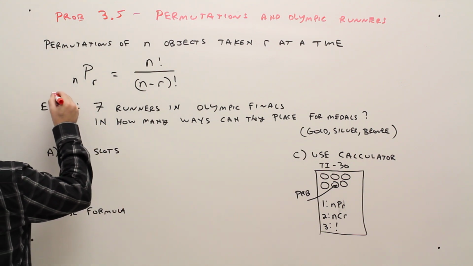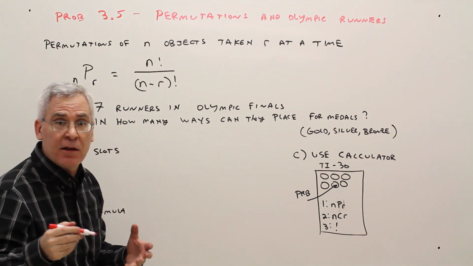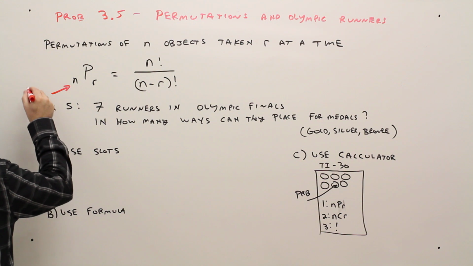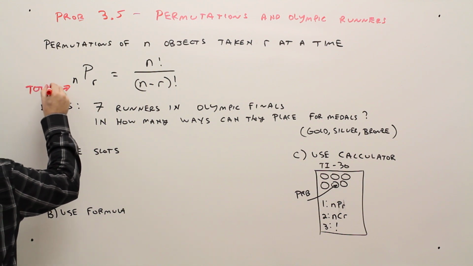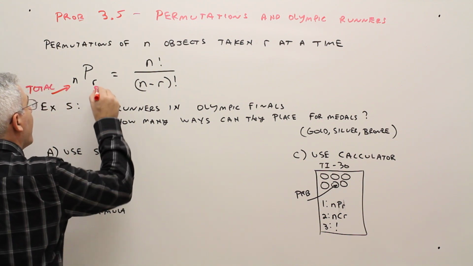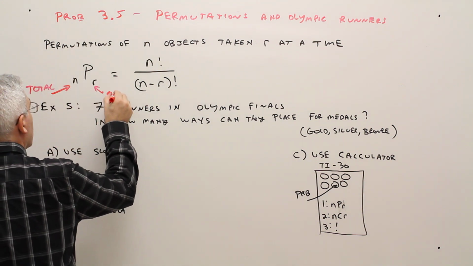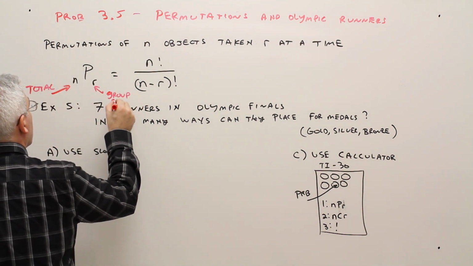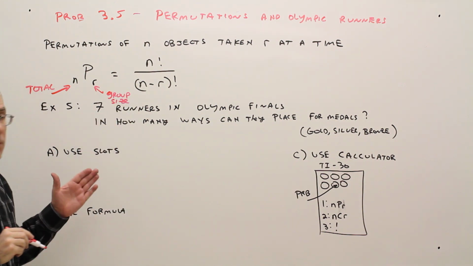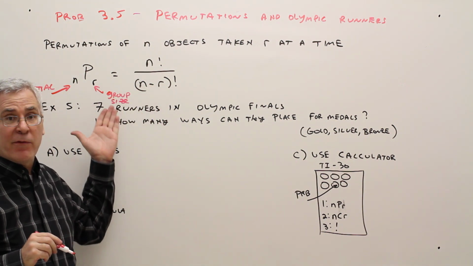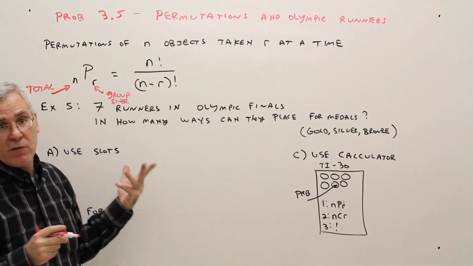It's important to know that n is the total number of objects, and that r is the grouping size. That's going to be very important when using the formula because you just need n and r.